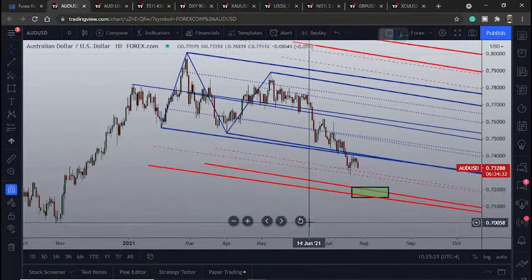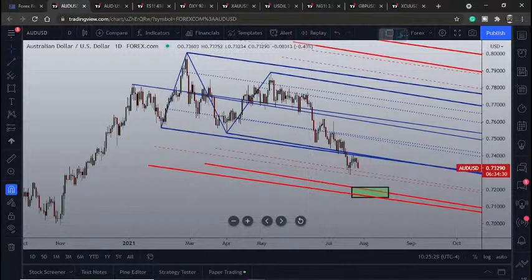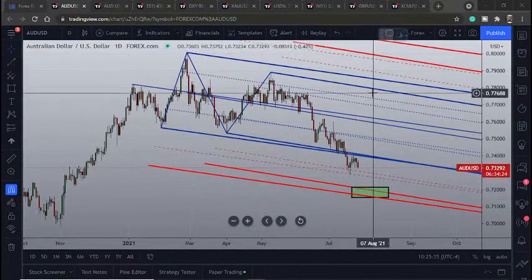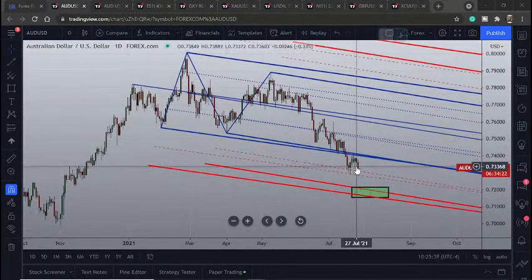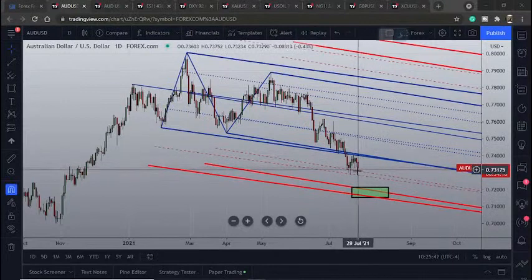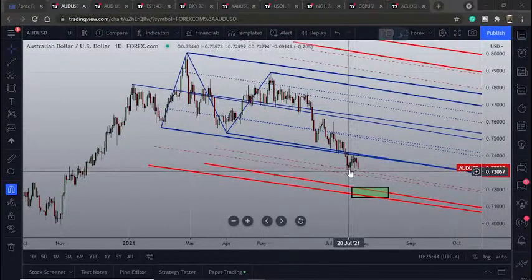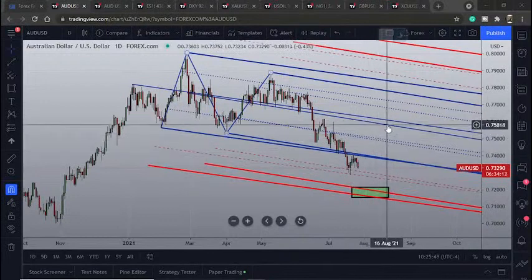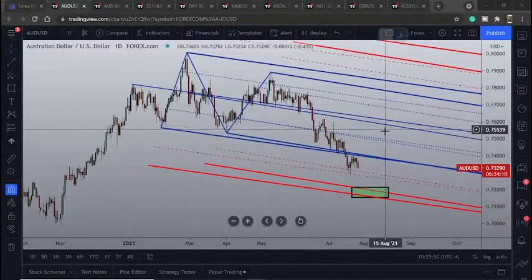So guys, I will definitely be very wary of the Australian dollar, US dollar. For any long-term longs, I would really try to anticipate if we do see some correction. Let's say price fails to break this recent low and starts moving higher, and treat that as a potential correction.